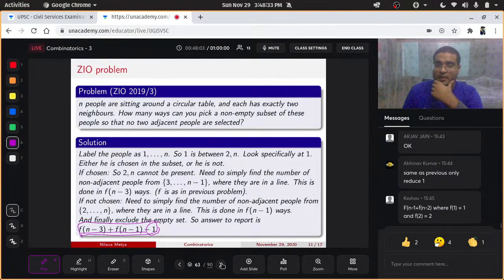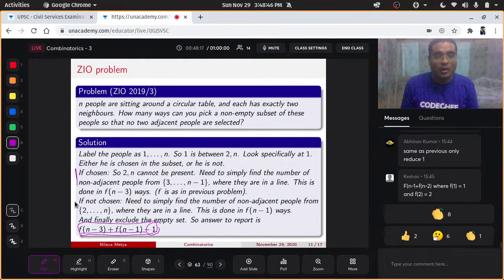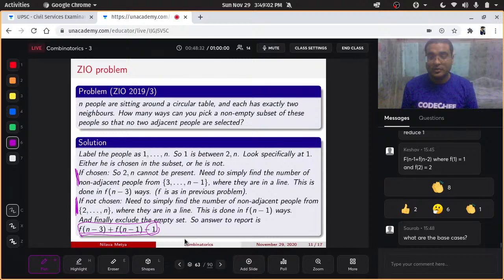Those who are confused, can you tell me exactly where you are confused? That would be helpful. So it's either two cases: one is chosen or one is not chosen. If one is chosen, you are reduced to 3 to n minus 1, which are in a line, and the number of good subsets is f of n minus 3. This is not a recursion. f has already been computed before, as in the previous problem.